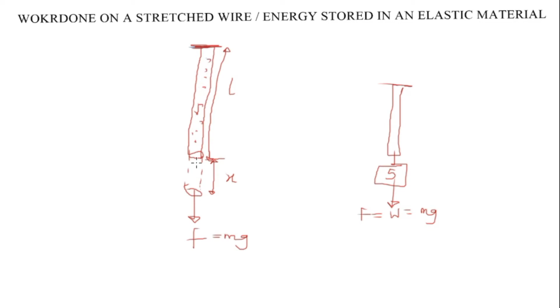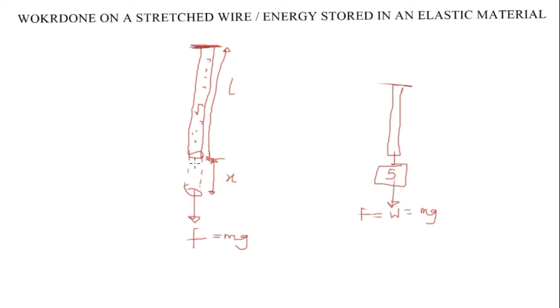So by stretching the wire externally, you are distorting the material, because the internal molecules of the material will have to rearrange themselves in order to fit in the new dimension that you want to cause. As a result, the work done against the restoring force is referred to as the energy stored in the elastic material.